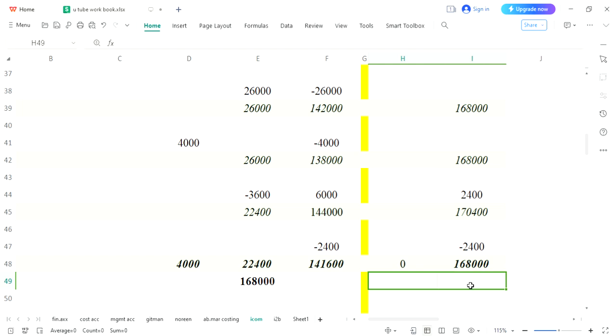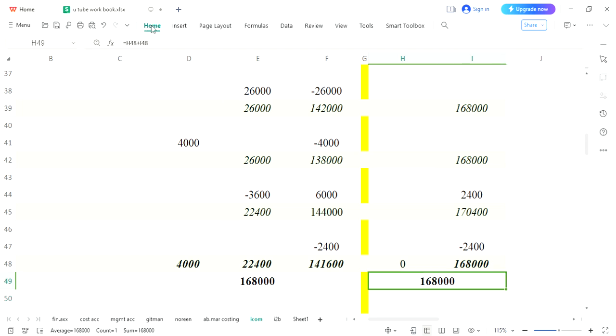Finally, you will be calculating sum of this side as well. And this sum, look, there were two columns. 0 is the sum of liability and sum of equity is 168,000. It means this 0 plus 168,000, you have got same total.